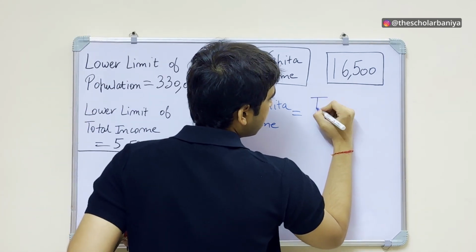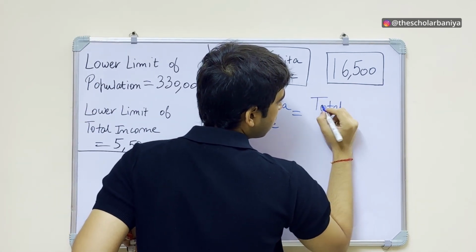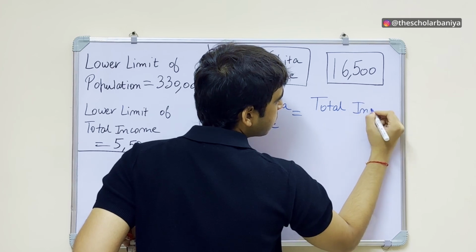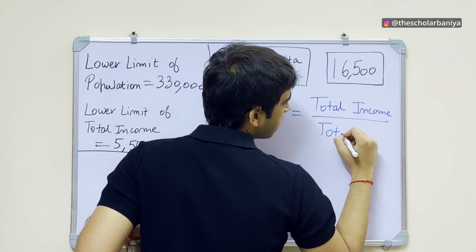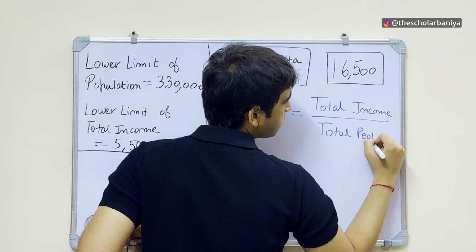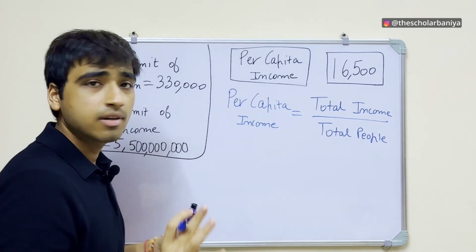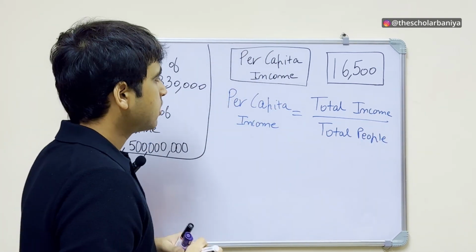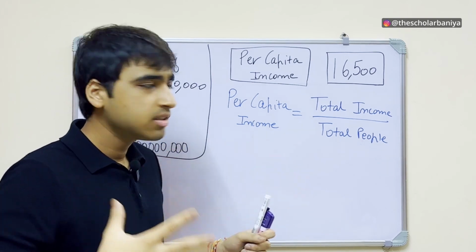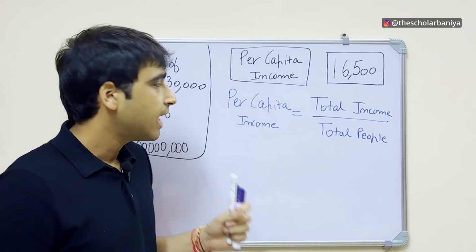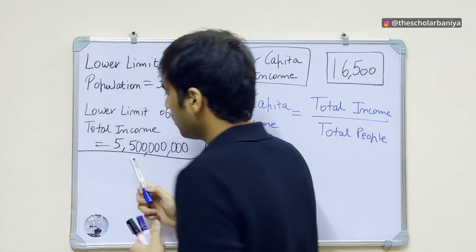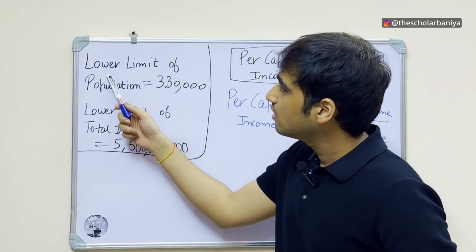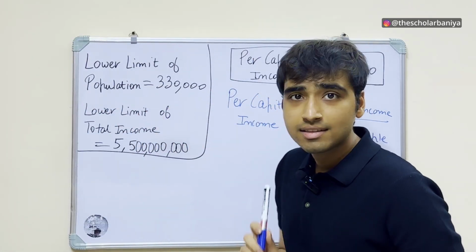So this is the per capita income. Whatever the total income is, you divide by the total number of people, and then you will get the per capita income. So we know that the total income is given by this number and the total population is given by this number, right?